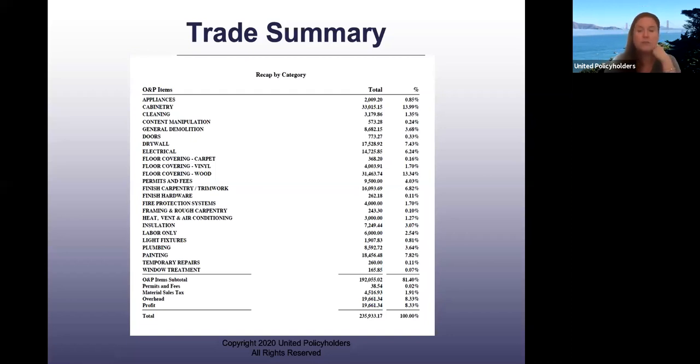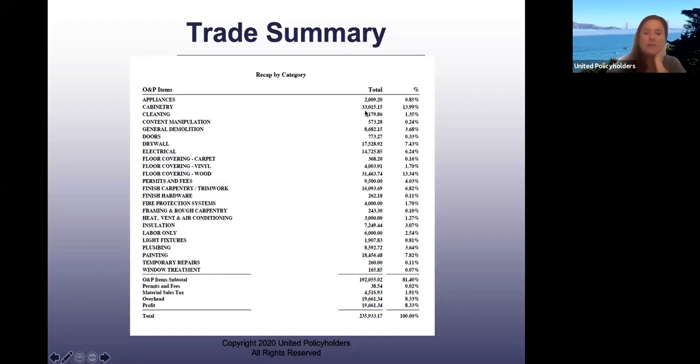A lot of times you'll see, this is not a total loss, this is a partial loss, but you'll see, okay, appliances, this is 2009 and your contractor will be 2,200, and you'll be like, okay, fine. But then you go here and the cleaning, they have 3,200 basically, and maybe your contractor has 3,000. So things like that can be a wash if it's a little bit here or there. As long as it overall matches, that's okay.